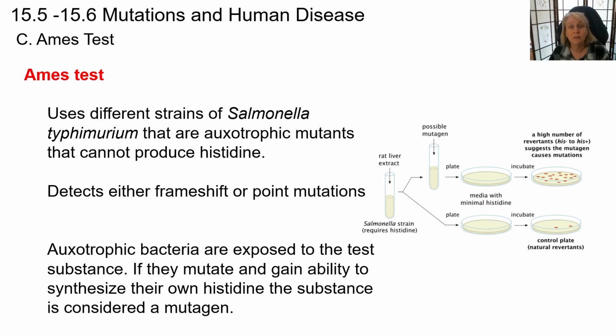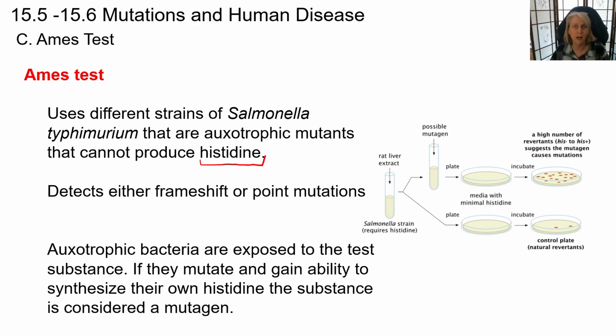We're going to use a couple different strains of bacteria. They're Salmonella, the specific species. They're auxotrophic mutants. They cannot produce the amino acid histidine. I grow them on a plate with minimal histidine. As they grow, the first couple bacteria, as they divide, use up all the histidine inside. And if anyone survives, that means they had a mutation that allowed them to, over time, make histidine.